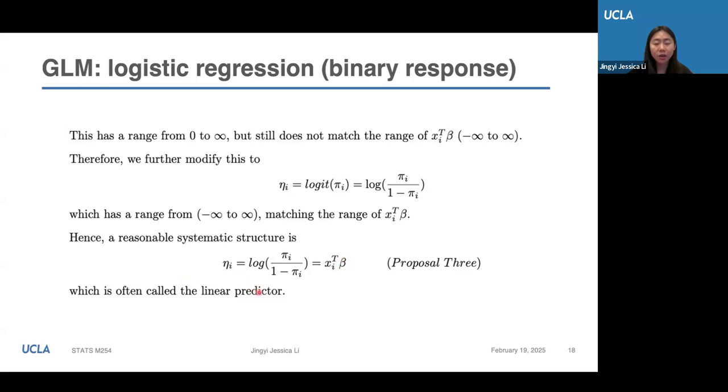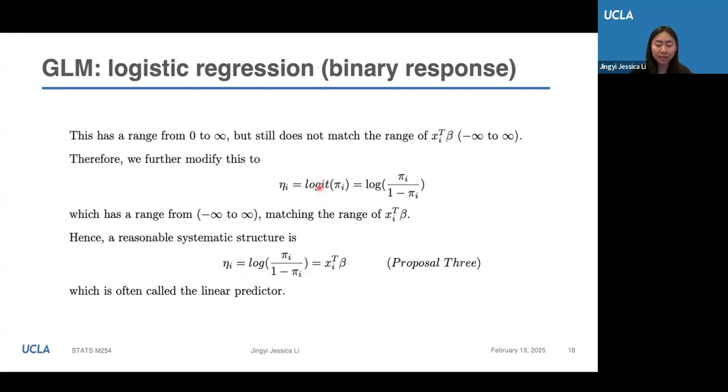We call that the linear predictor. So the question is, how do we link this linear predictor to our parameter of interest, which is pi I? Pi I here is our mean of yi. How do we link them? And this logit function is the link. So that's why we call it a link function.